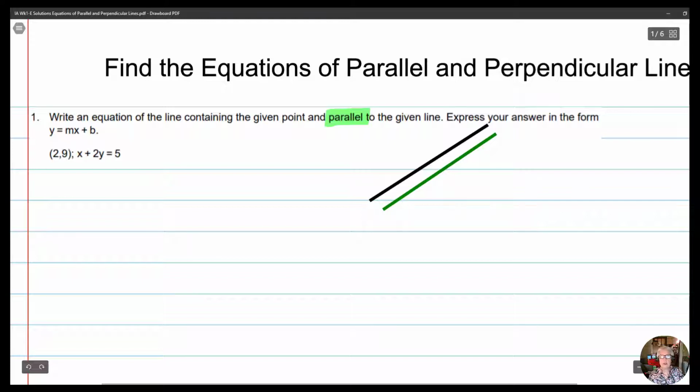However, there you go. Those lines are as parallel as I can make two lines. Because they travel side by side, they have exactly the same slope. Let's say equal slopes.